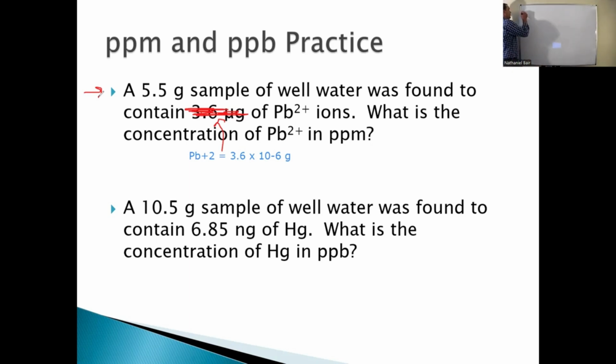So we have the mass of the solution, that's 5.5 grams. We've got the mass of the solute, which are lead ions, and that's 3.6 times 10 to the negative 6 grams, and we want the concentration in parts per million. Awesome.